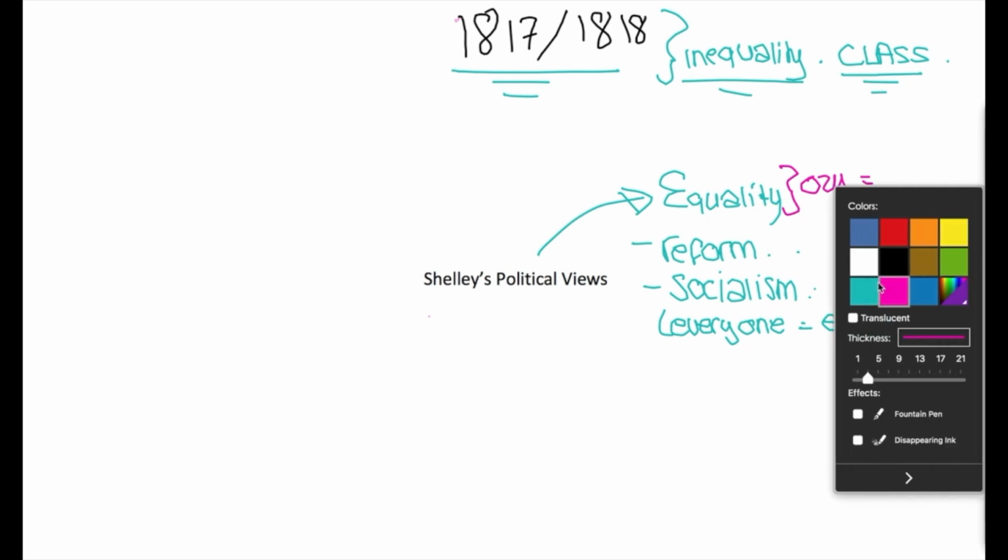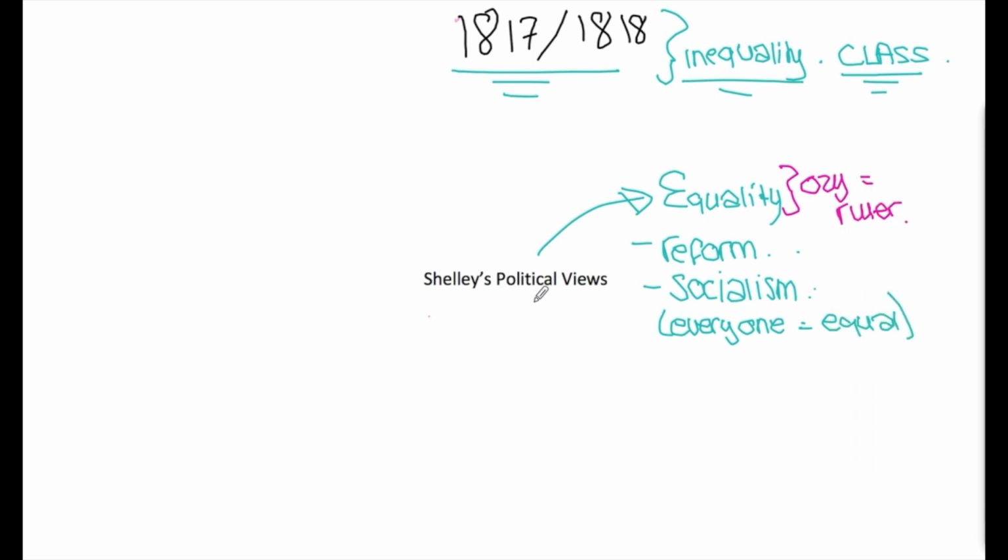Another point, which could be quite important, is that Shelley wrote this poem at a time when Napoleon was falling. So a lot of people believe that this poem was about Napoleon Bonaparte, however you want to pronounce his name. It doesn't matter because you're writing it.